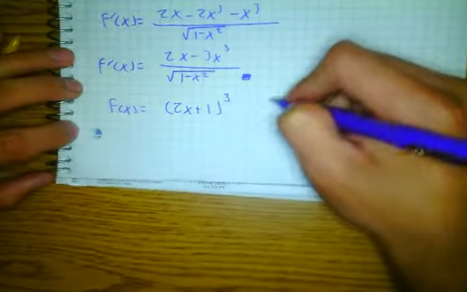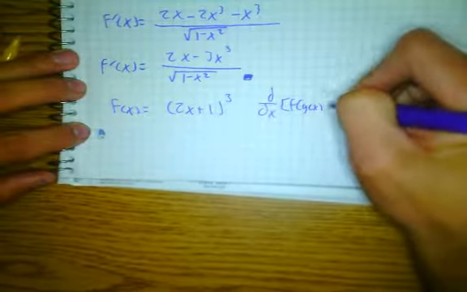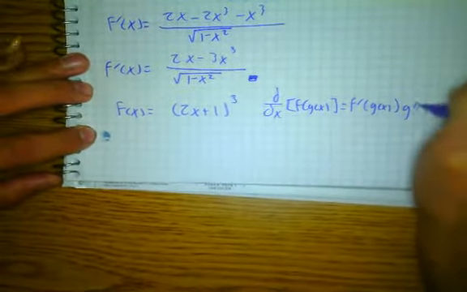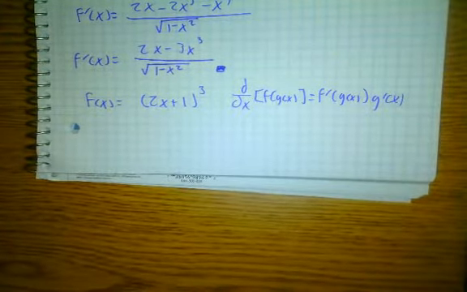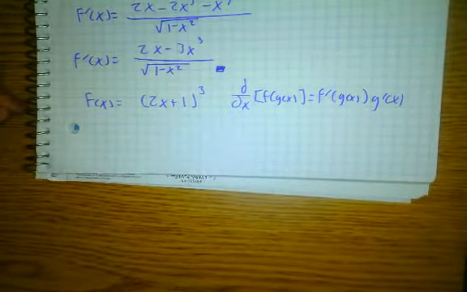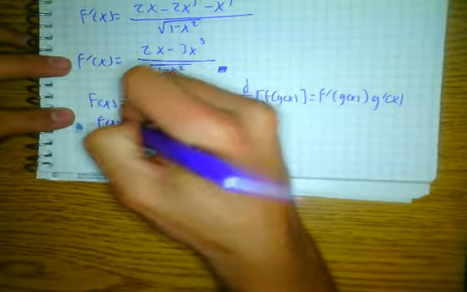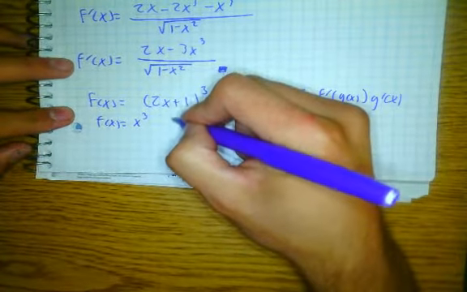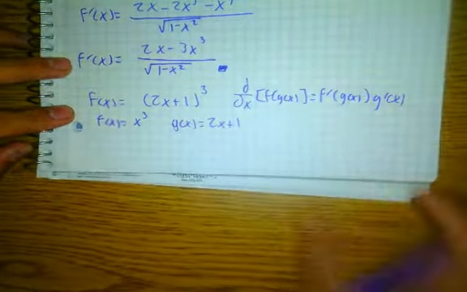The rule says that the derivative in terms of x of f of g of x would be equal to f prime of g of x times the derivative of g of x, so g prime of x. Agreed? Can I break this up into 2 functions so that it can help you out maybe? So, can I say that f of x would be x to the third, and then g of x would be 2x plus 1?